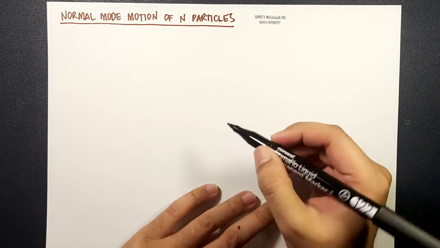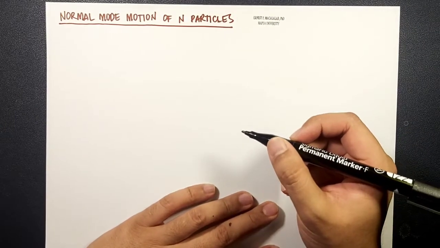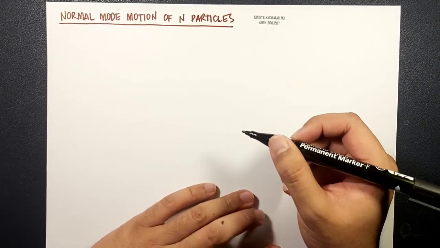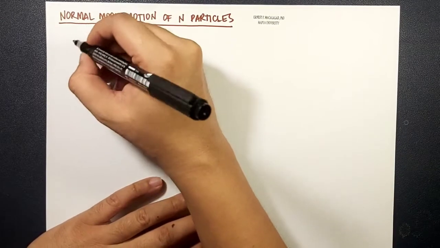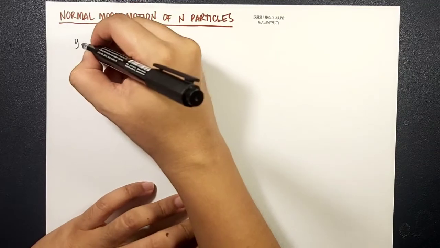As I recall, the position of the nth particle in the loaded string in the J mode is given by y.